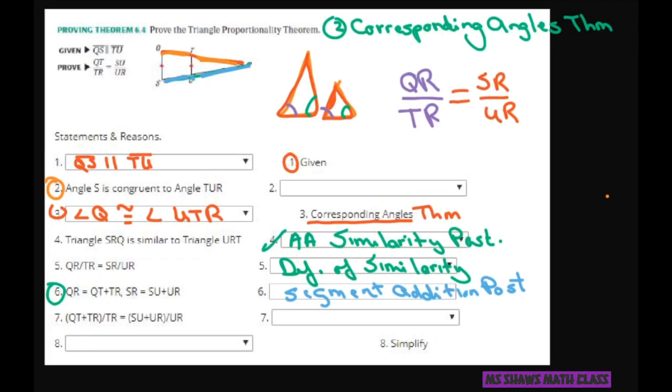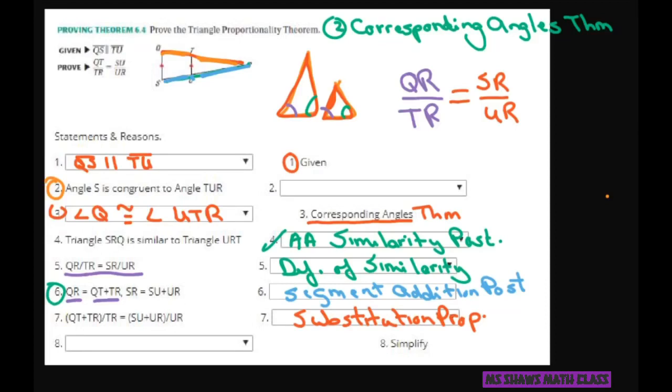And we have that QT plus TR divided by TR equals SU plus UR divided by UR. So that's your substitution property. And that's because we have this. QR equals QT plus TR.